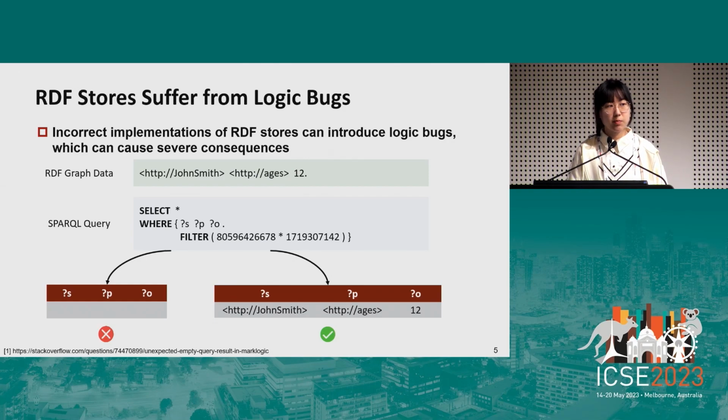This is a logic bug found in MarkLogic. We retrieve the RDF triple by a filter expression, which should be evaluated to true. However, MarkLogic mistakenly returns an empty result because the expression is evaluated to false due to decimal overflow.